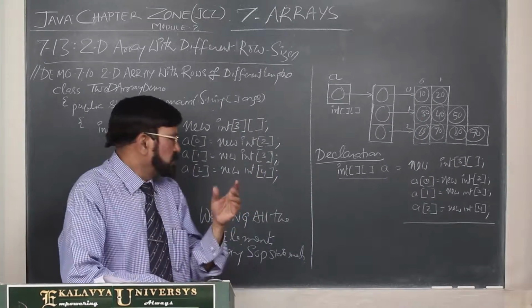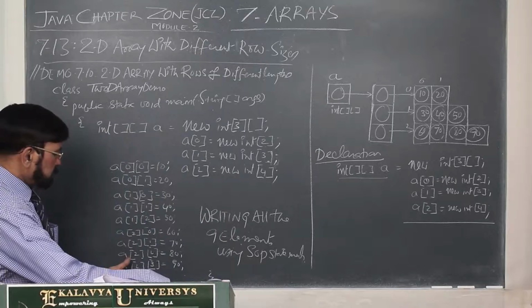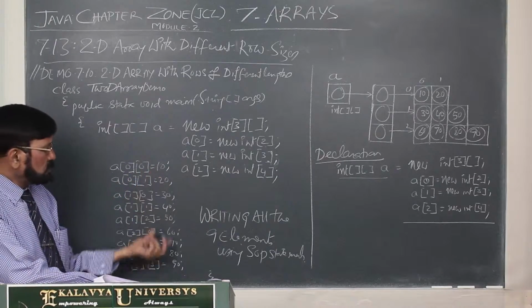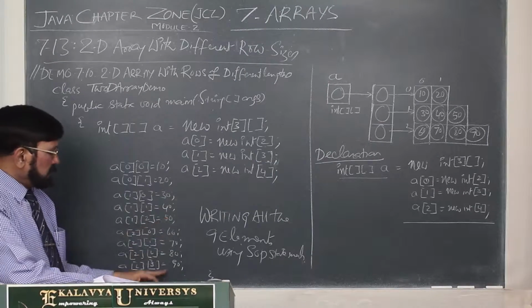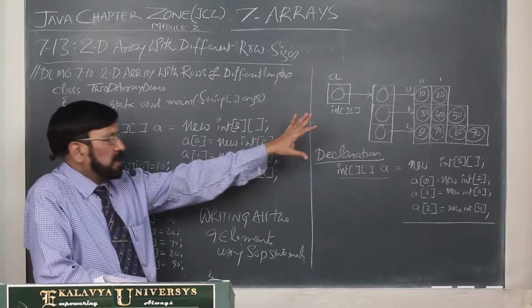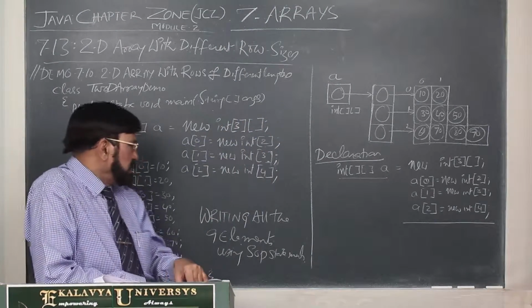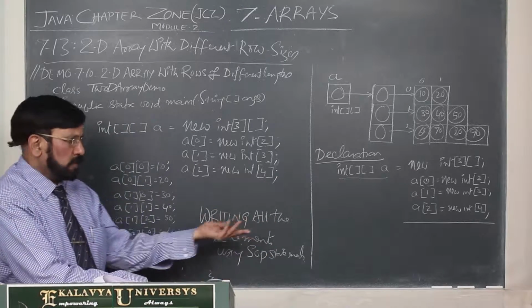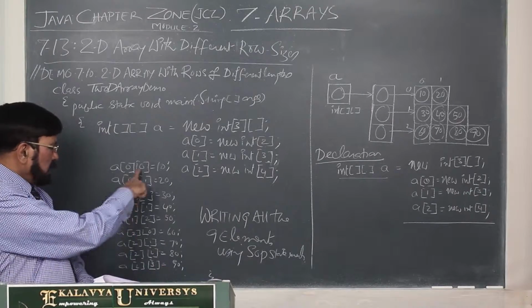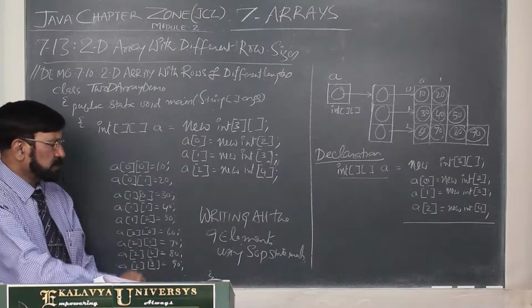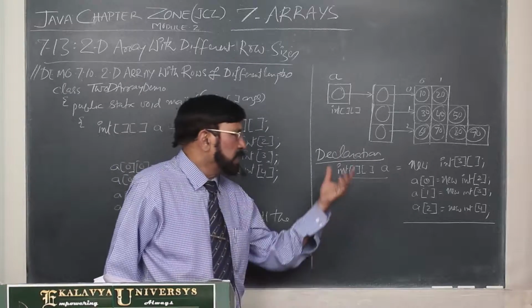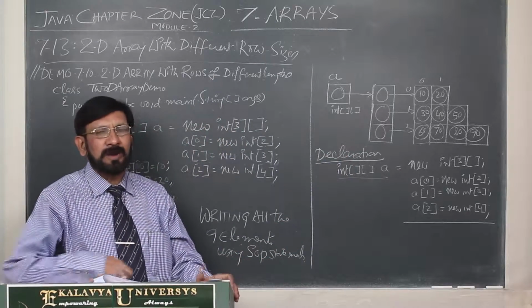Those are the subscripts. In this manner, all the subscripts you have to write, and with the corresponding values you have to initialize them. With these statements, that array is initialized, and you have to write all the elements, or whatever elements you require, using this type of subscripts in the SOP statements. Then only can you retrieve all the values and write them.